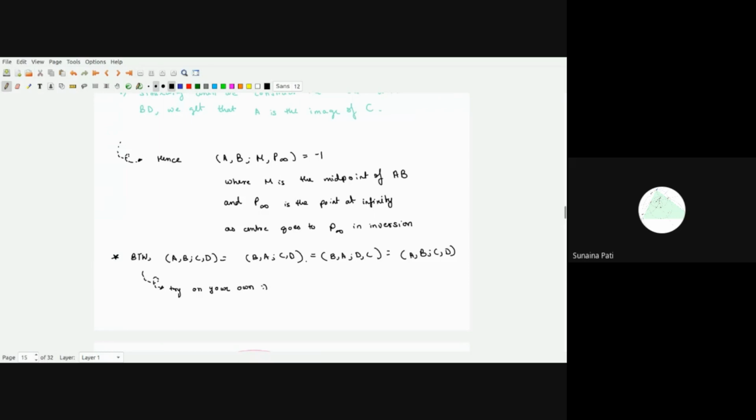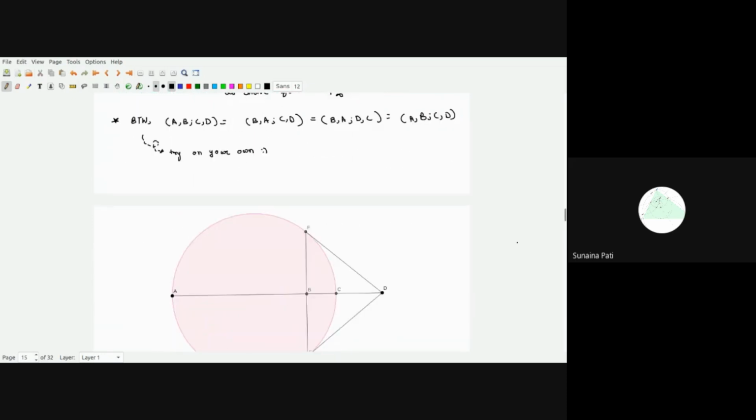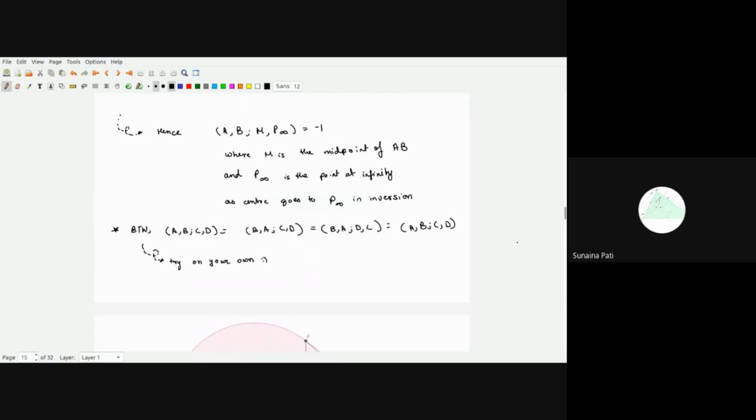You can imagine AB as the diameter of a circle, and M is the center. When you do inversion, the center goes to the point at infinity. So that's how you relate inversion and projectives here.